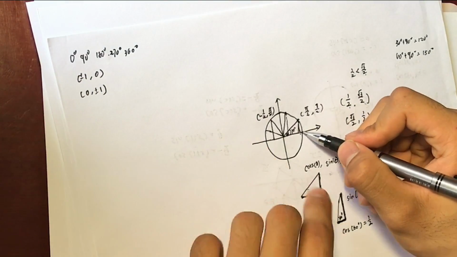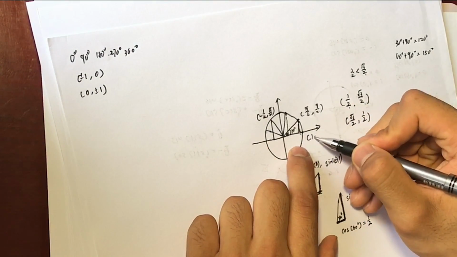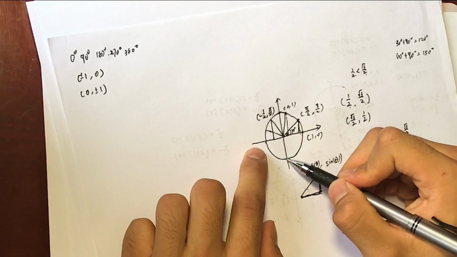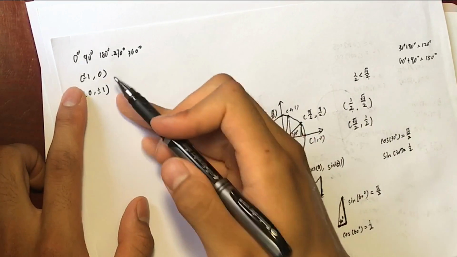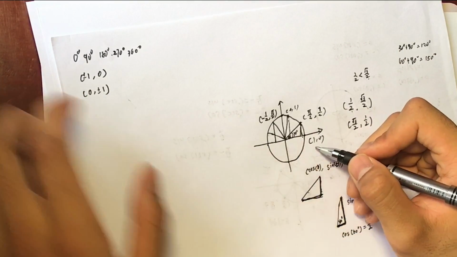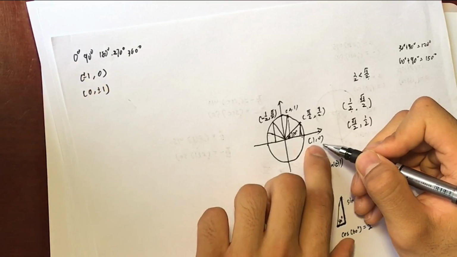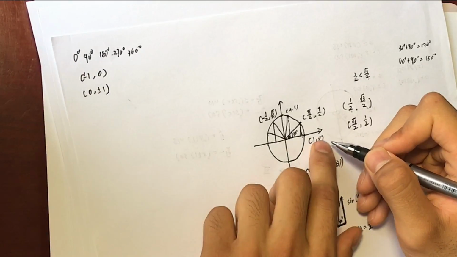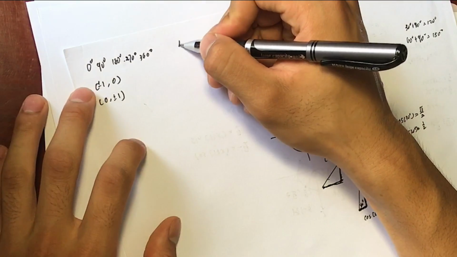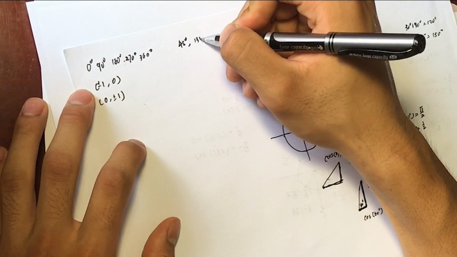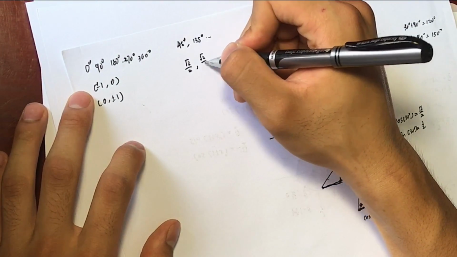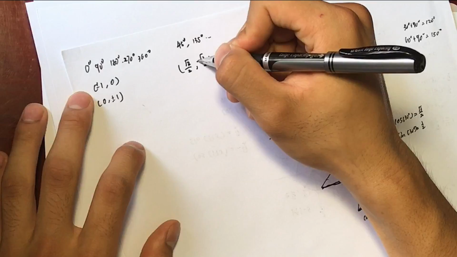Once you get the coordinates, cosine of the angle is your first number, and sine of the angle is your second number. Got it? And for 45, 135, and so on, it's root 2 over 2 and root 2 over 2, plus or minus.